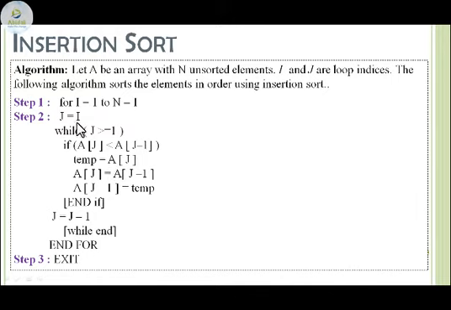The sorted part elements are represented by the j values before j, and the unsorted part is considered by i. That is, the j value will be checked against the lesser elements, that is, whether a[j] is less than a[j minus 1].